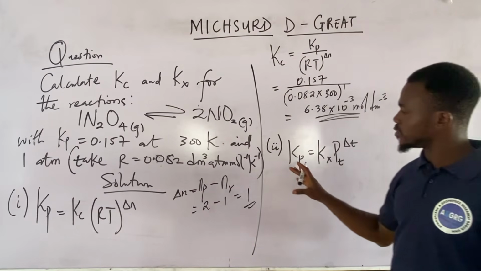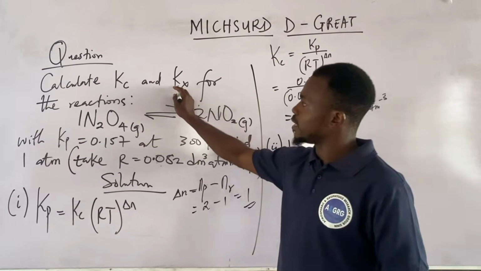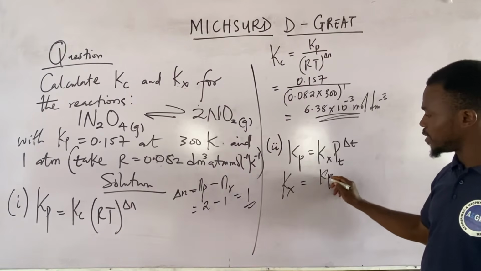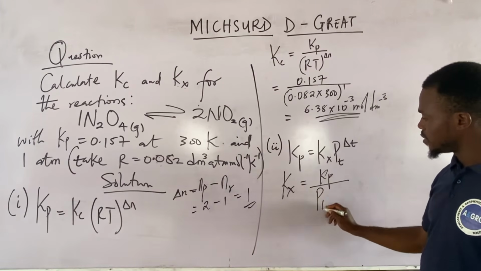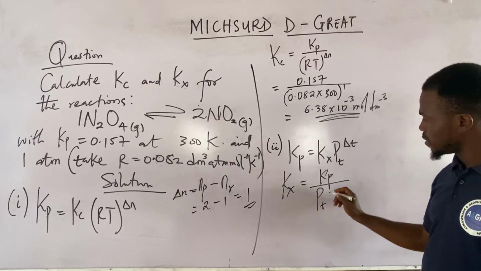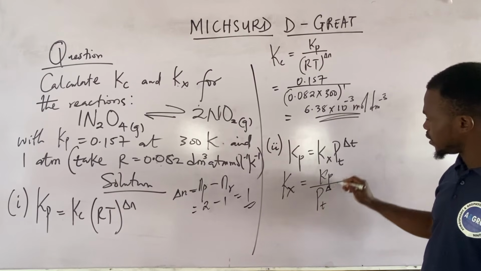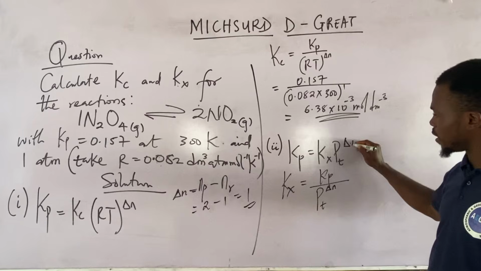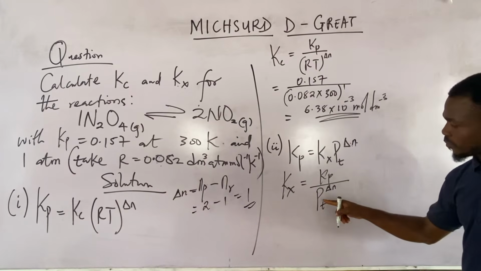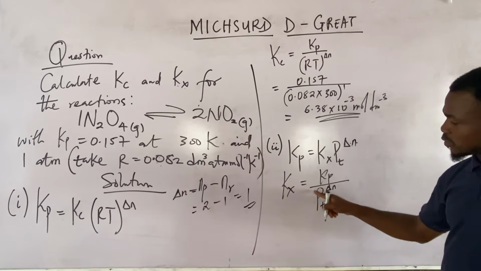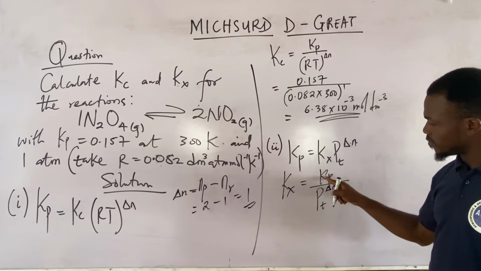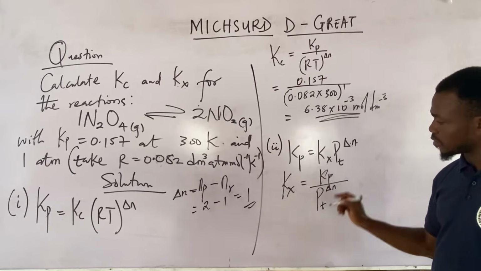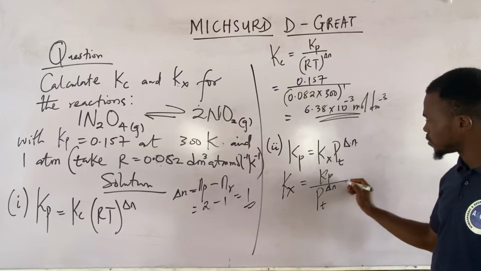Now the next question is to find the Kx value, which is given by Kp all over P subscript T raised to power change in n. So this is change in n, and this represents the total pressure. We have this value in the question, so we can substitute.